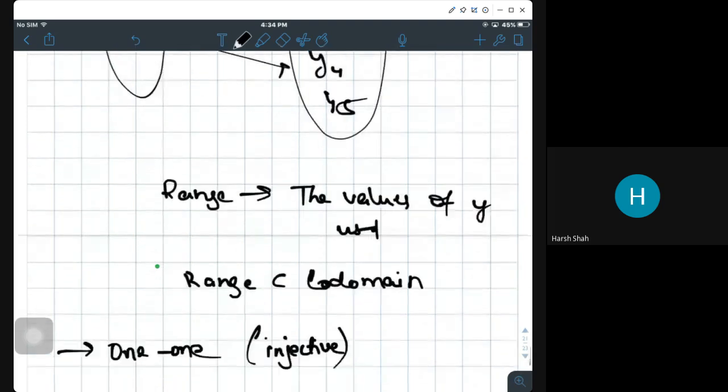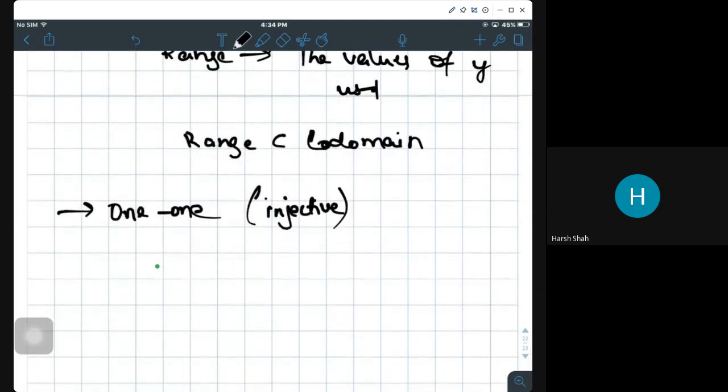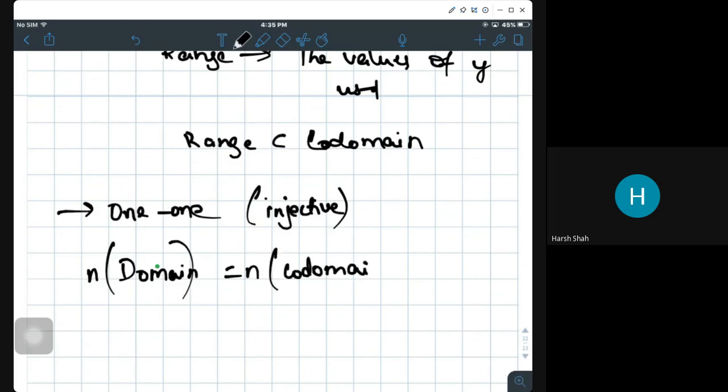This is what a one-one function says. If you want to generalize it, cardinality of domain is equal to cardinality of range. Not cardinality of codomain, sorry. One input, one output is the condition for a function.